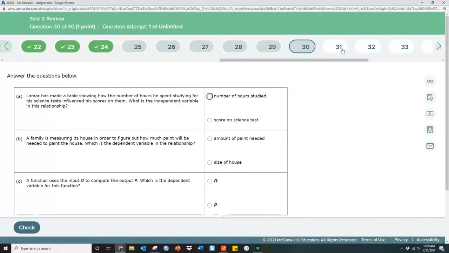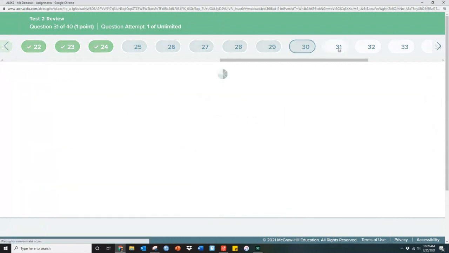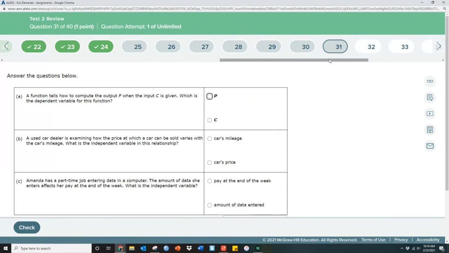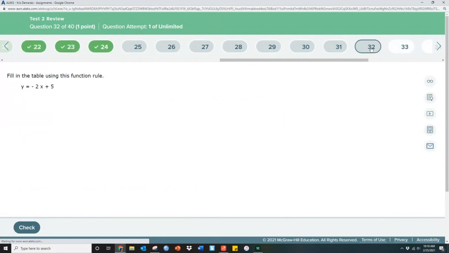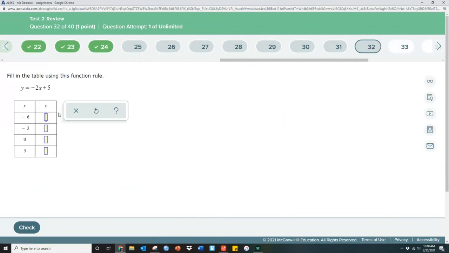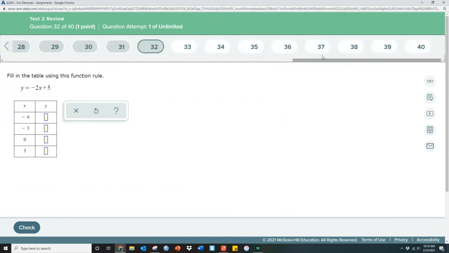All right, so this question we've already done. Independent, dependent variables. Same thing here. And you can see we've done this before as well. All right, so I can continue to do this for the rest of these.